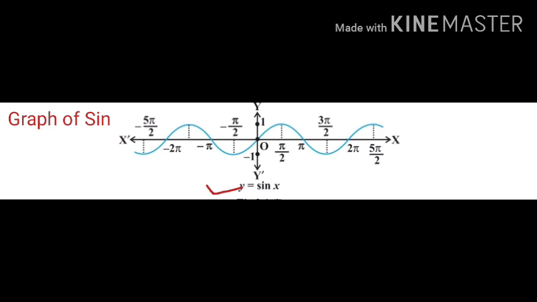In class 11th, we have studied how to make the graph of sine. Like you can see here, y equal to sine x. Here you will put different angles and you will get different values of y, and you will plot x and y on the graph in this way, and you will get this kind of graph for sine. Now we'll make the graph of sine inverse x.